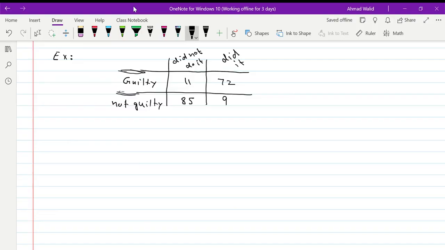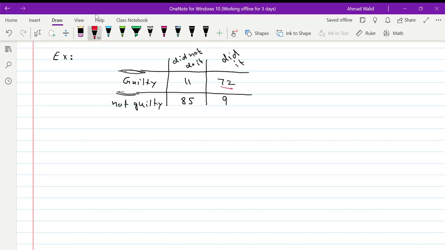These 11 people were announced guilty by the judge. But did they actually commit a crime? No. But because the decision of the judge was guilty, they are guilty. 72 people were announced guilty by the judge. Do they really commit a crime? Yes, because they are under the column of "did it".